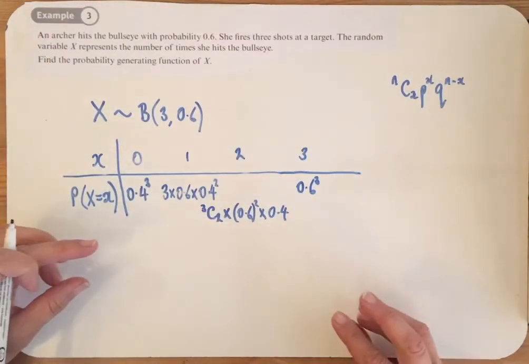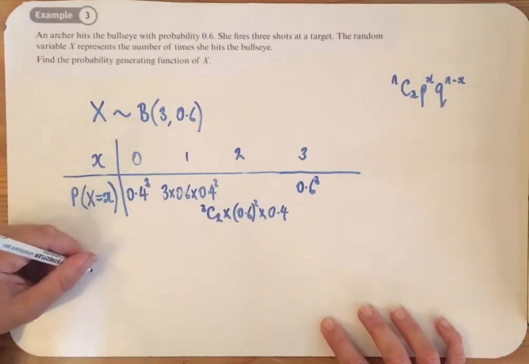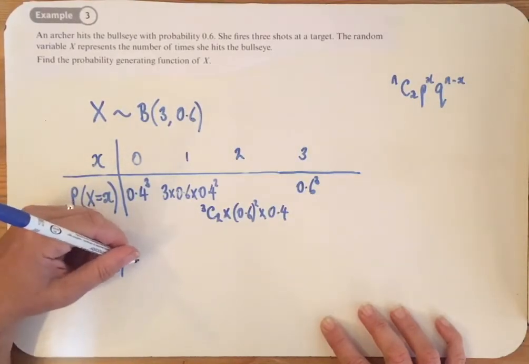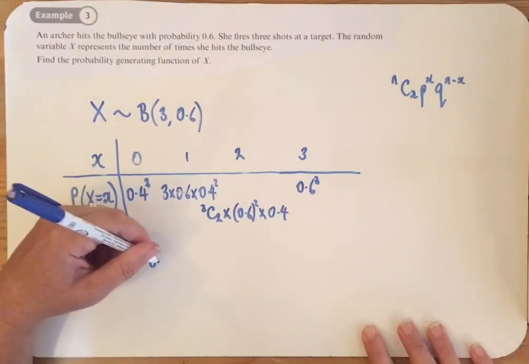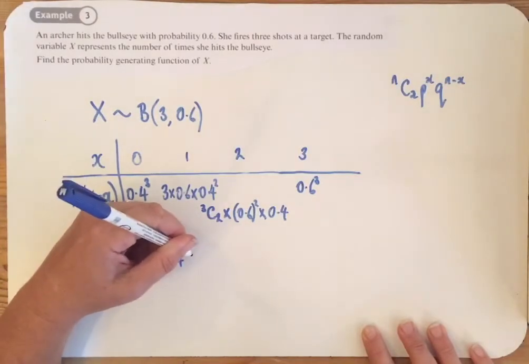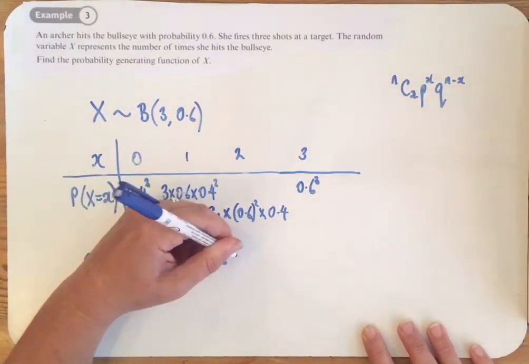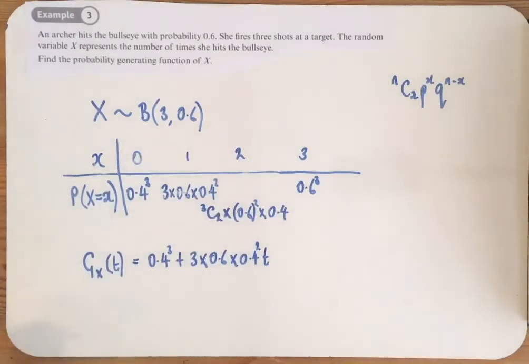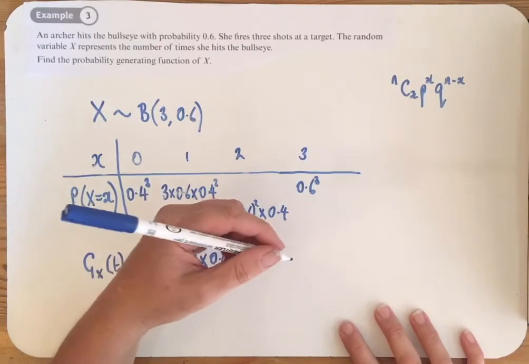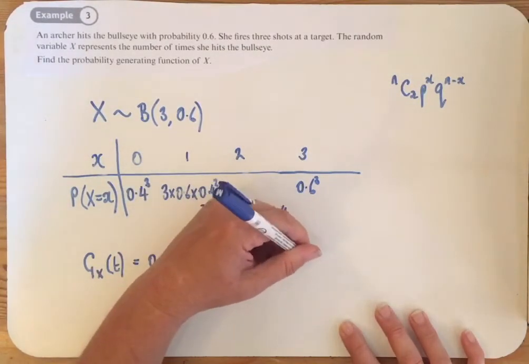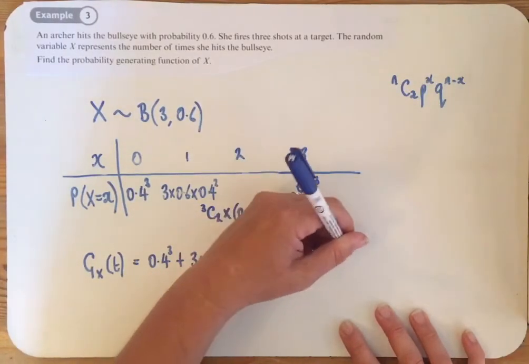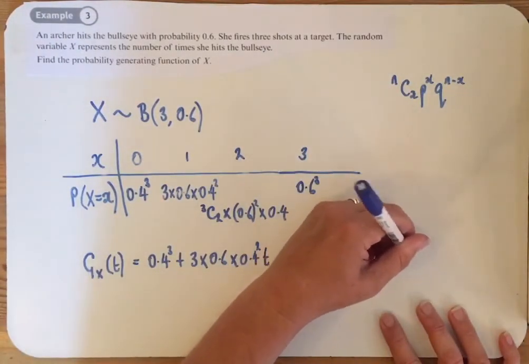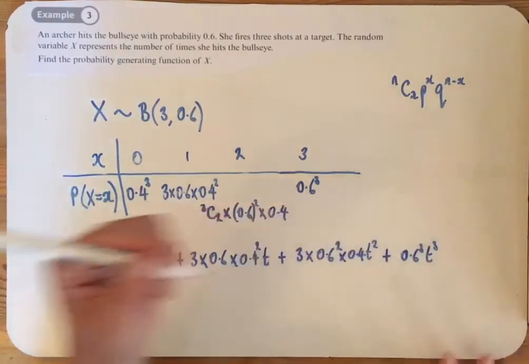And so to turn that into a probability generating function for x, we're looking at doing 0.4 cubed plus 3 times 0.6 times 0.4 squared times t, plus 3 times 0.6 squared times 0.4 t squared, and then plus 0.6 cubed t cubed.